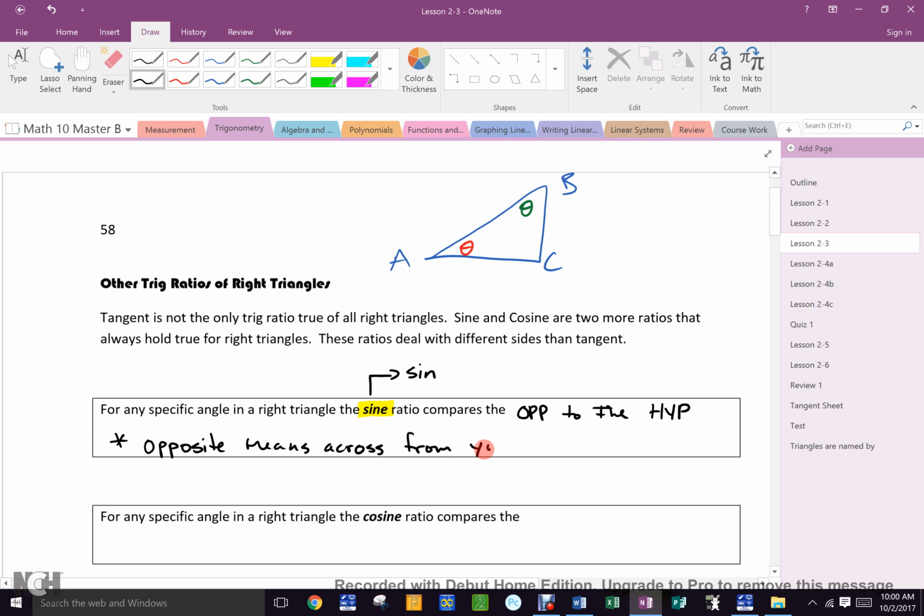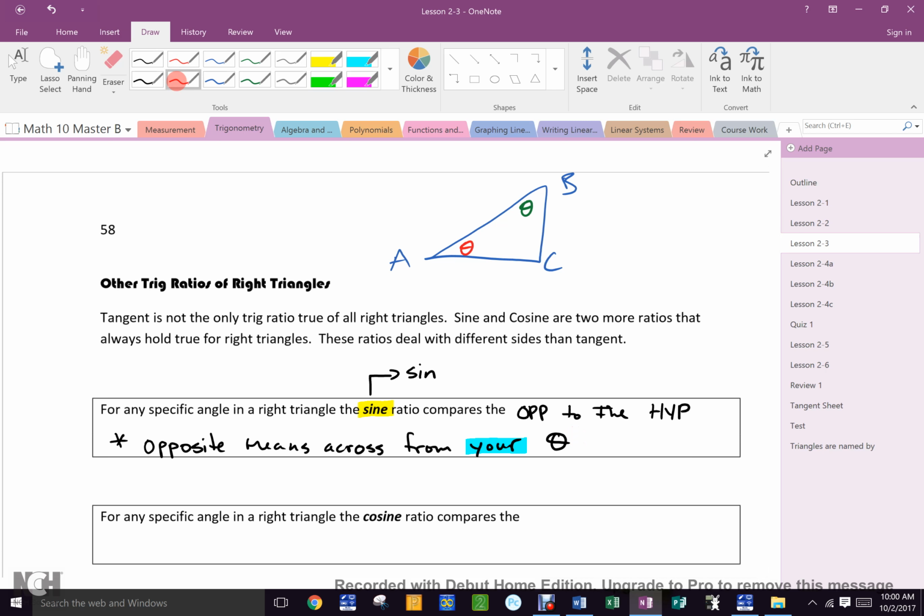From your theta. Please highlight your theta. Opposite is across. Whatever you decide theta is, the opposite measurement is the one that is across the triangle. Everybody good? Just like in tan.